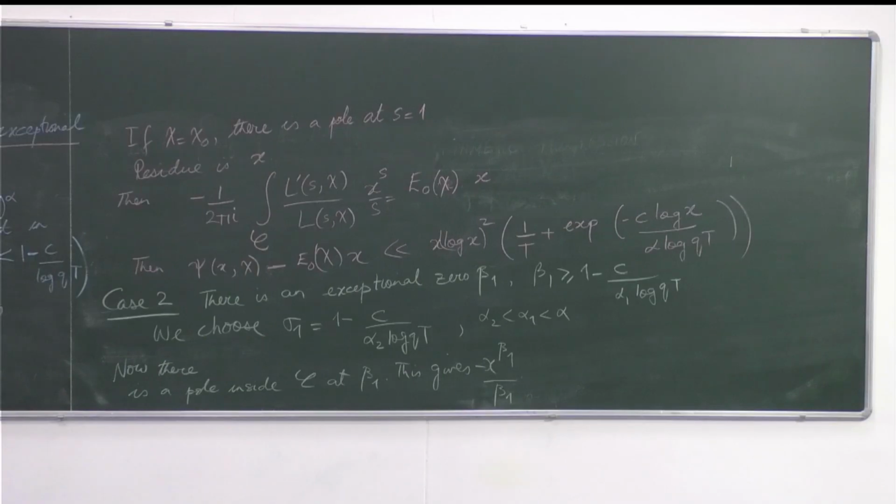Now put it all together, and this is case 2. Don't forget what we wanted to do: our aim was to get psi x chi.